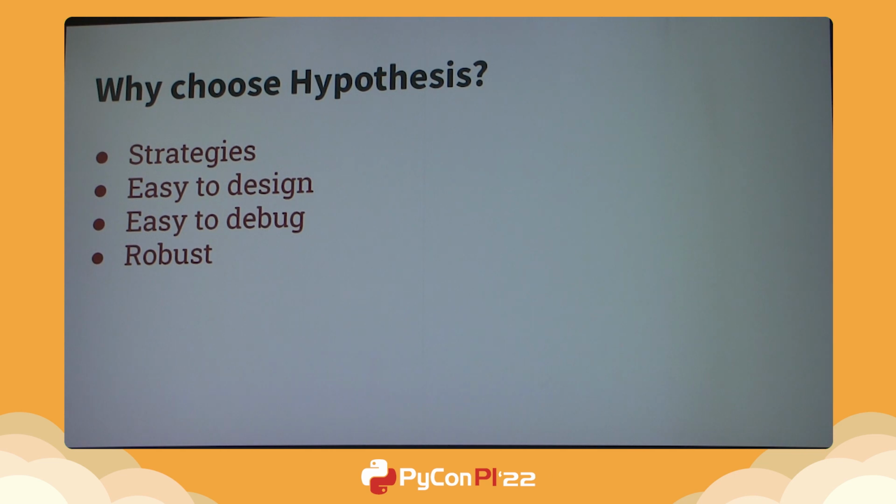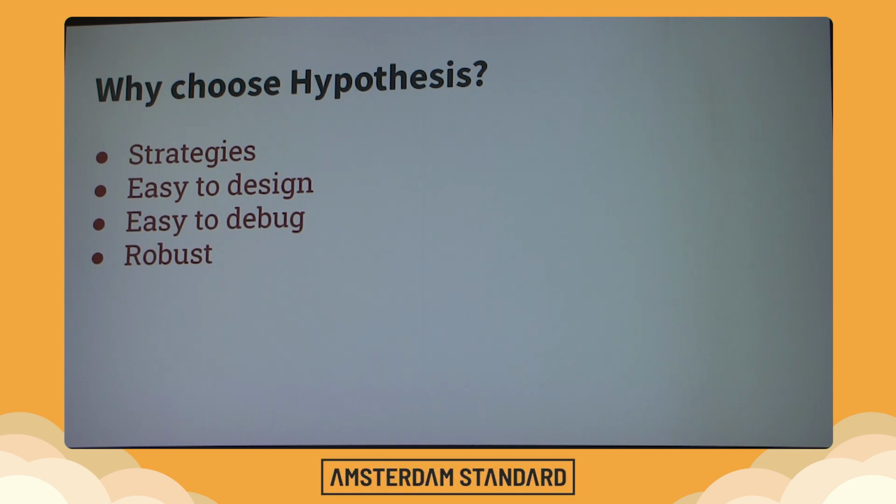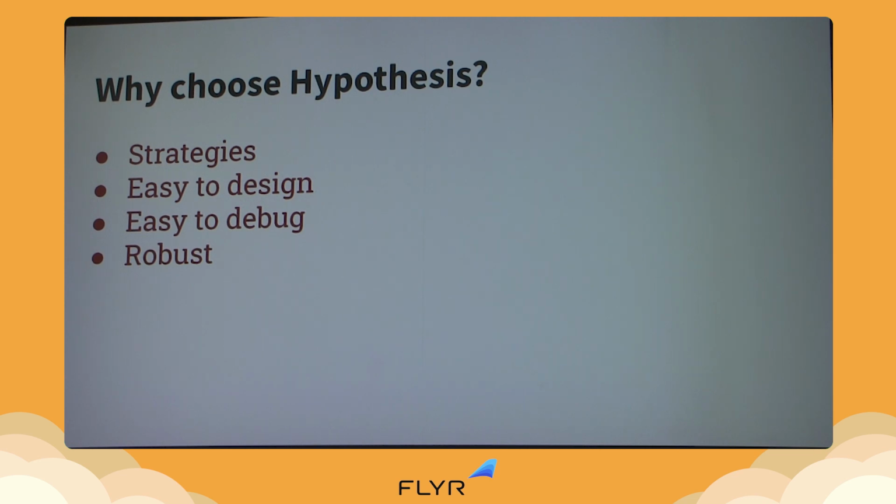So Hypothesis has a very rich functionality. Except strategies, it has settings that you can use to control how the input is generated. Even though it's random, you can disable and enable settings that you can use to have some control over how the input is being generated. If you're doing that in production, that might be very helpful for you.